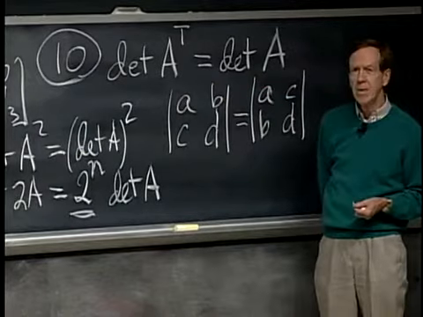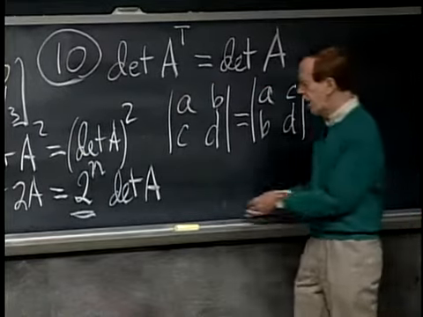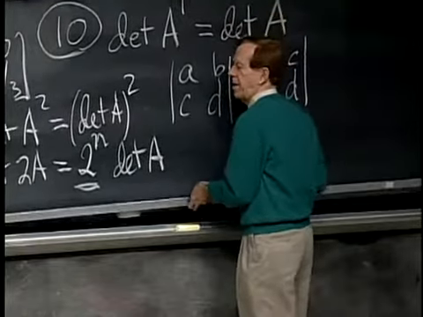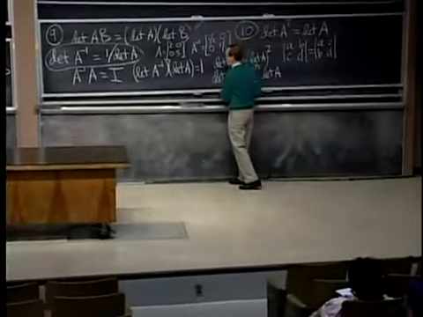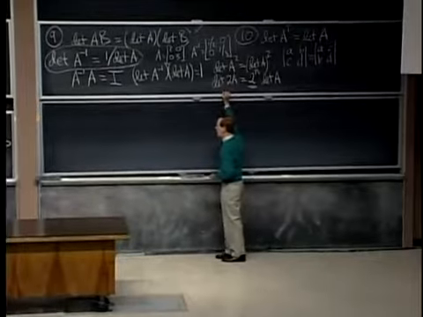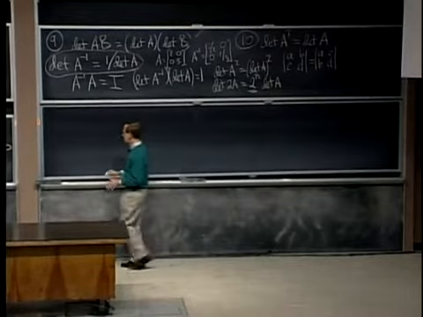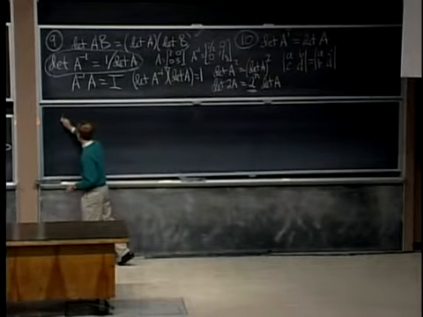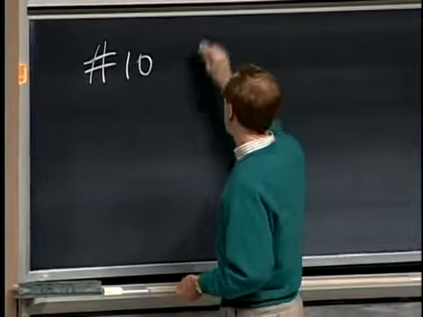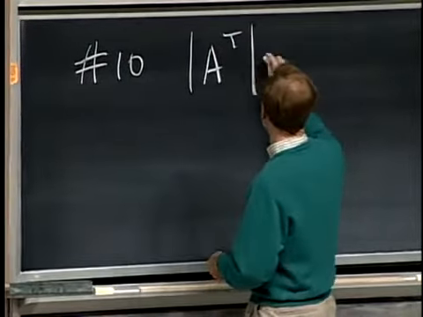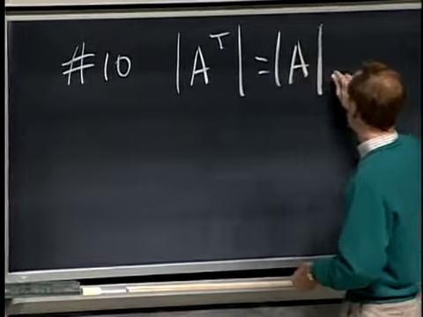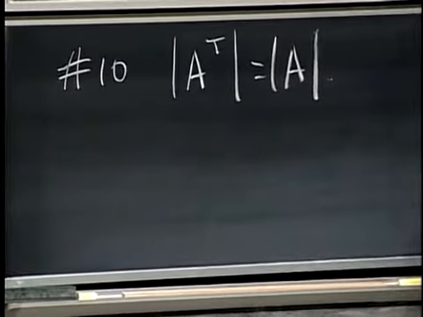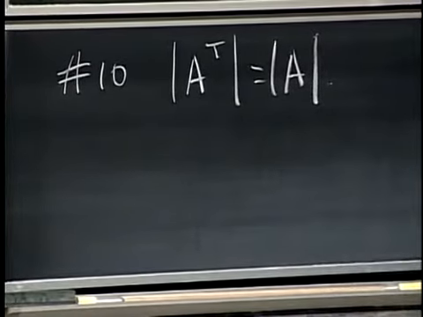Okay. Maybe it's worth seeing a quick proof of this number 10. A quick proof of number 10. Let me take this is number 10: A transpose equals A. Determinant of A transpose equals determinant of A. That's what I should have said.